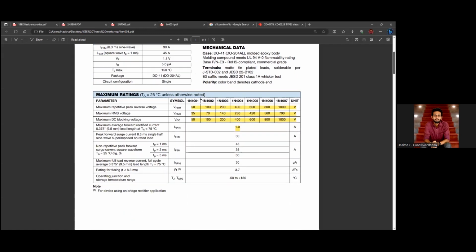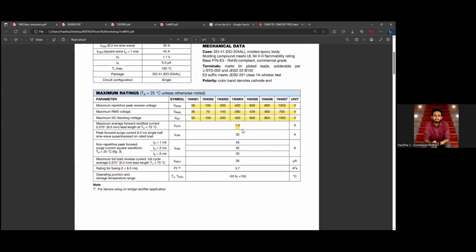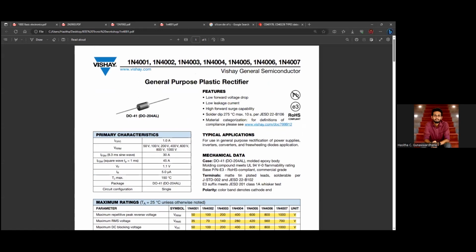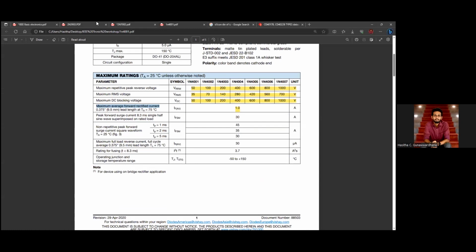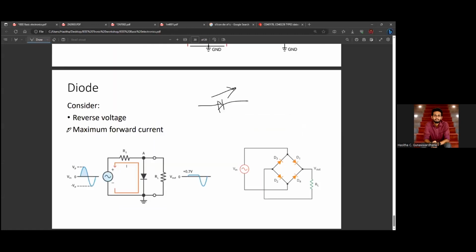Then we go here. We have maximum forward current. Each of these diodes can conduct maximum 1 ampere when forward biased without damaging itself. So this is the maximum forward current.